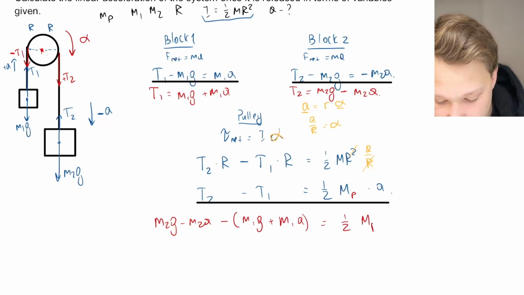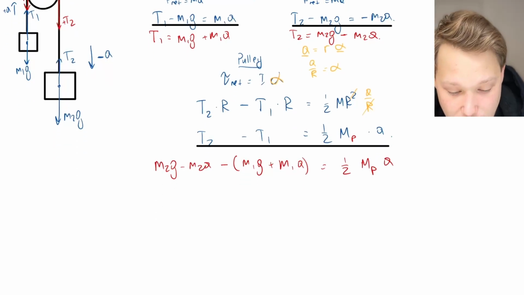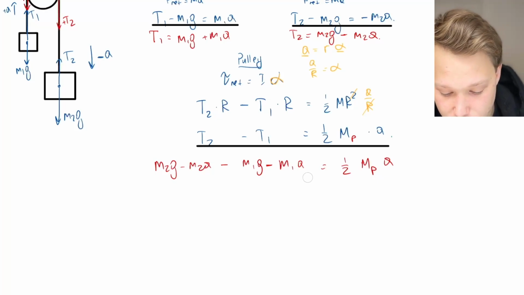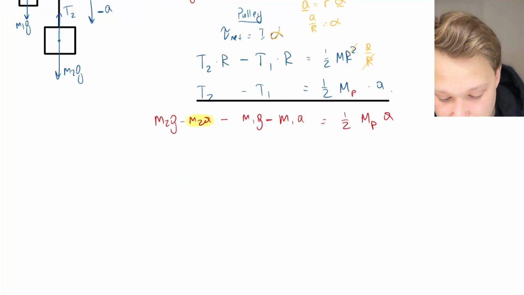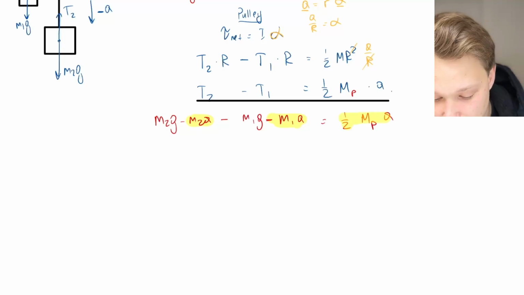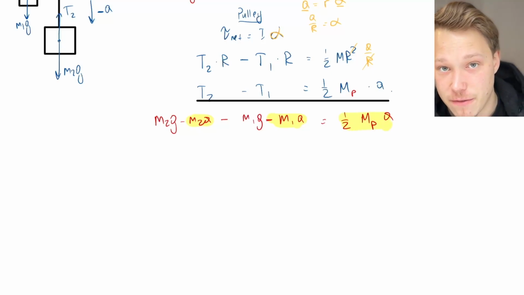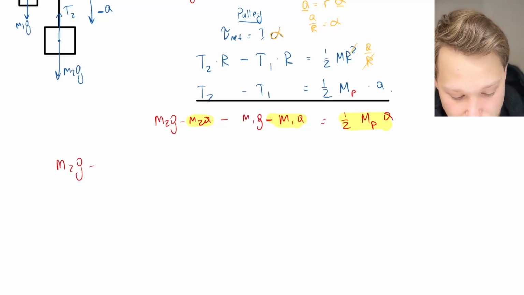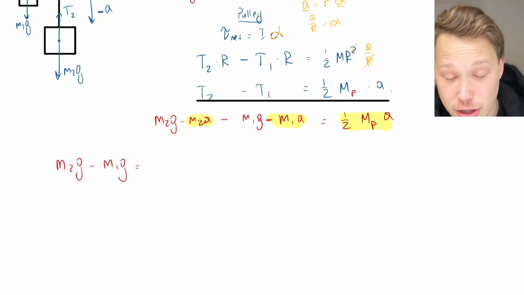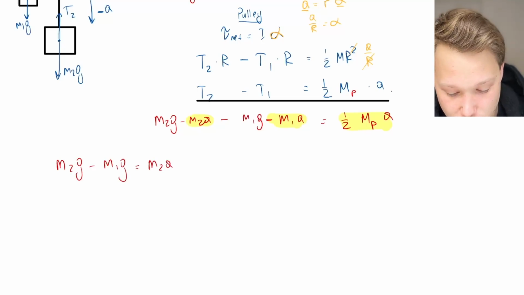this one I called mass of the pulley. Let me open the parentheses, right? So negative right here, this positive right here will become negative. Great. Let's put all the terms that have acceleration in them on the right-hand side, because we're looking for the final formula for acceleration. So here we'll have M2G minus M1G on the left-hand side, M2A plus M1A.